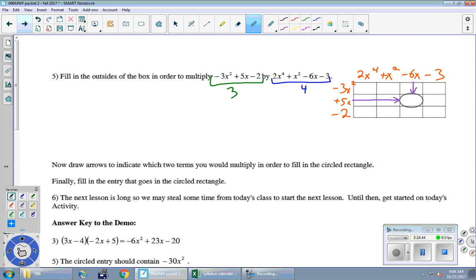What do we get? 30x, negative 30x squared. That sounds good to me. Everybody see the two things? Okay, so go ahead and move on to the next page.